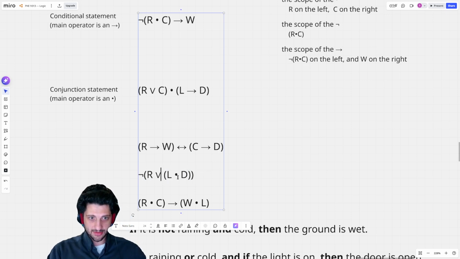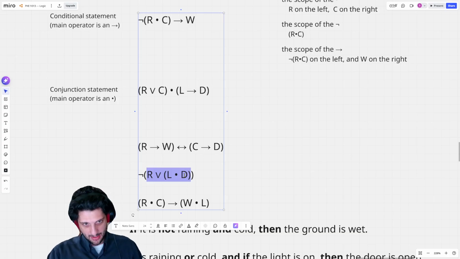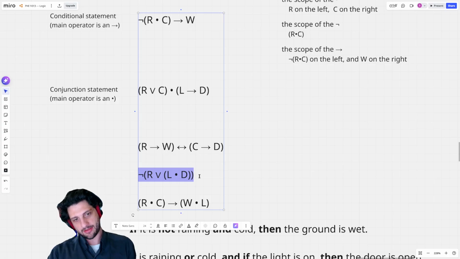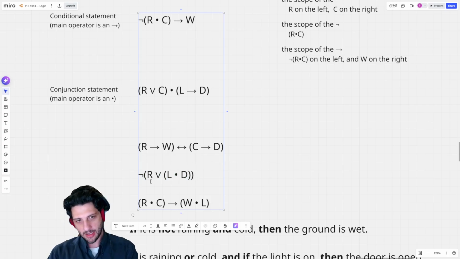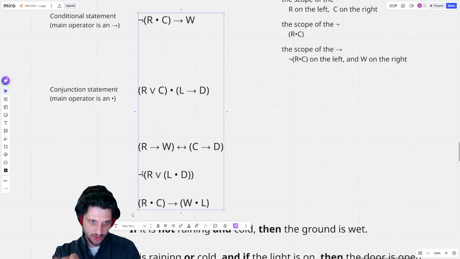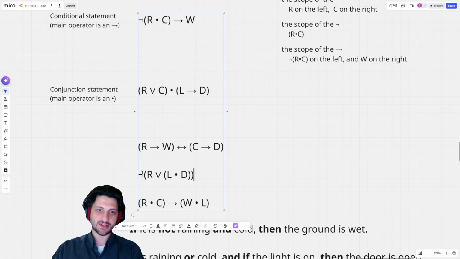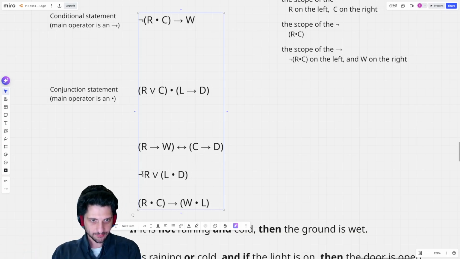Because now, when I just added parentheses, the main operator is the negation. Now, look, I just wrapped everything up together, and I said, okay, we're going to start with this statement, and we're going to say that entire thing is not true. So again, it matters which operator is the furthest outside all of the parentheses.